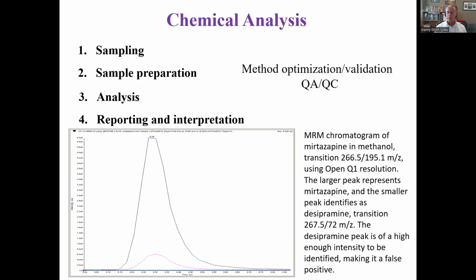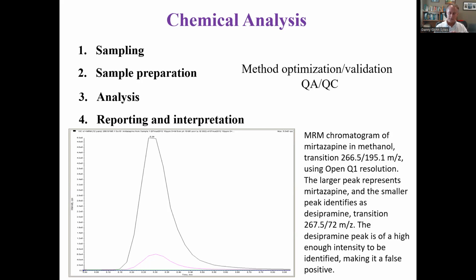Based on our MS parameters here, we have a false peak arise from desipramine, solely based on the instrumental method that we were setting up at this point in time. It's looking at targeted versus discovery-based, and we're using a discovery-based protocol here for a sample that didn't contain desipramine.